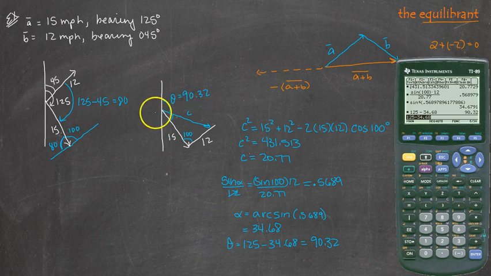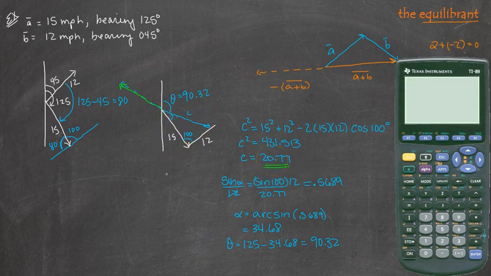And now what I want to know is what would the equilibrant be? What would have to be the angle for the equilibrant? I really only need to know the angle because I want to know what angle is exactly backward, in exactly the opposite direction from my resultant, but has a magnitude of 20.77.